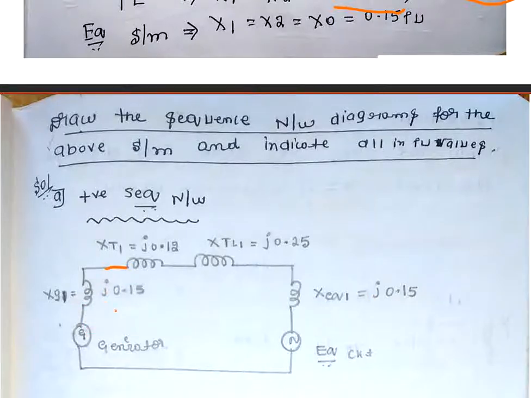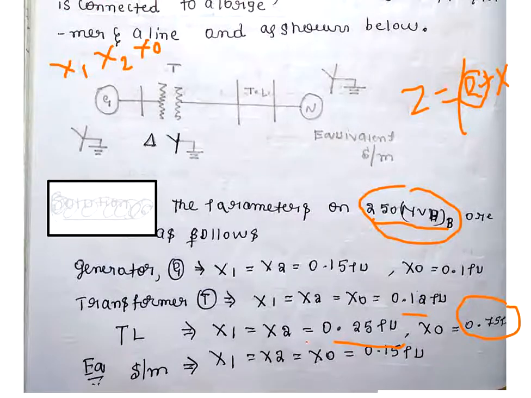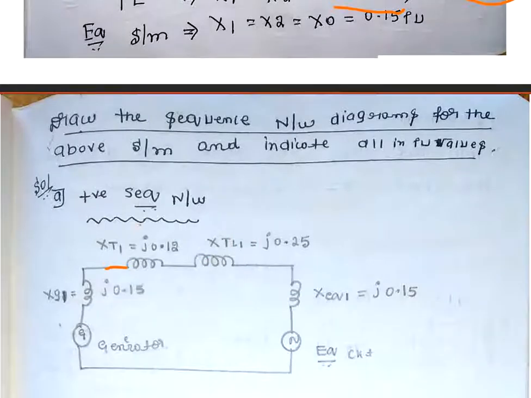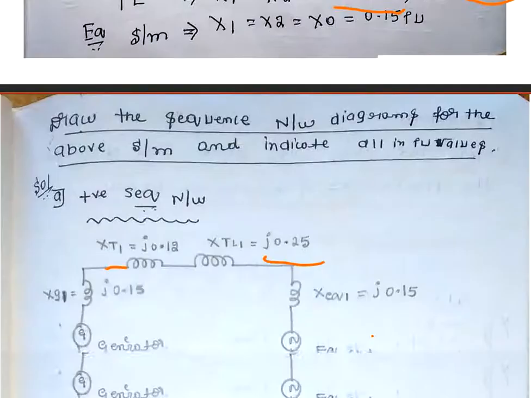Then after this, the reactance of the transformer has been given as 0.12. Then coming to the transmission line, remember we are drawing only the positive sequence network, so XTL1 equals j0.25. Later is the equivalent system. The equivalent system will be treated as a generator only, because some power will be fed from some other sources.